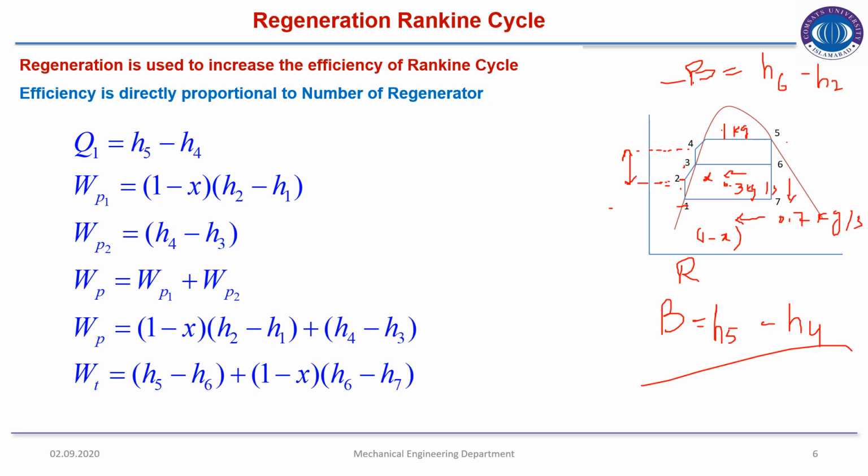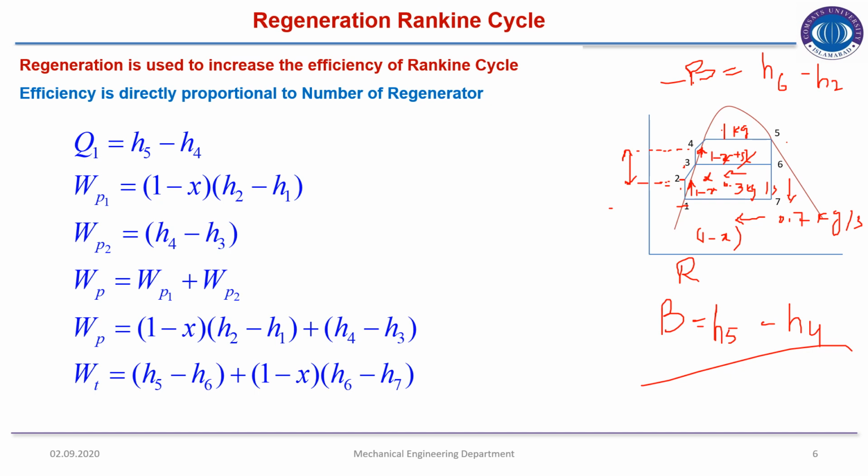So 1 minus x is the mass that is flowing through pump 1, and through pump 2, this is from 3 to 4, is pump 2, that is 1 minus x plus x. So x cancels out, then the mass is combined in pump 2.